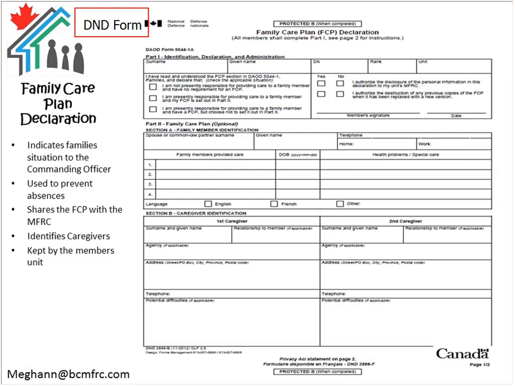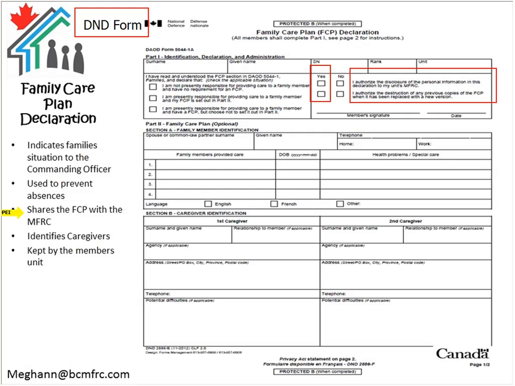This form indicates family situations to the commanding officer and is used to prevent absences by having members identify potential caregivers if emergency or urgent child care is needed. This form is kept by the member's unit. Additionally, the member can give approvals to share this information with the MFRC. By sharing this information, the MFRC can now assist in arranging emergency child care services for the family.